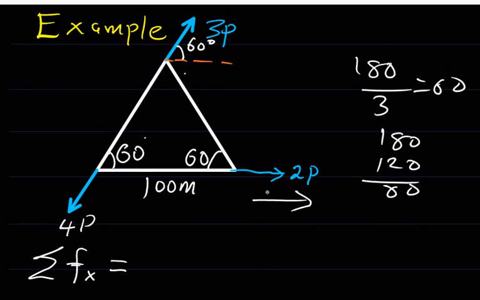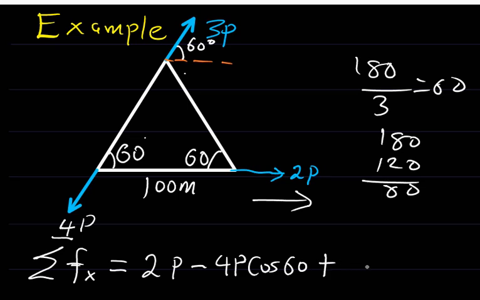For the horizontal component, I have 2p, which is positive. If I resolve 4p horizontally, it will be negative, so that's going to be minus 4p cos 60. And if I resolve this 3p horizontally, it is positive, plus 3p cos 60.